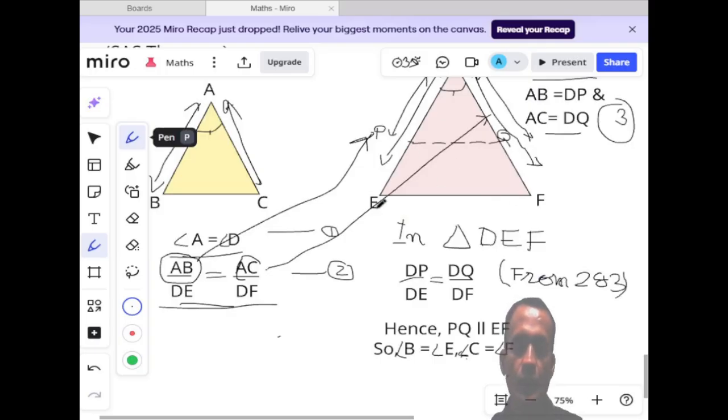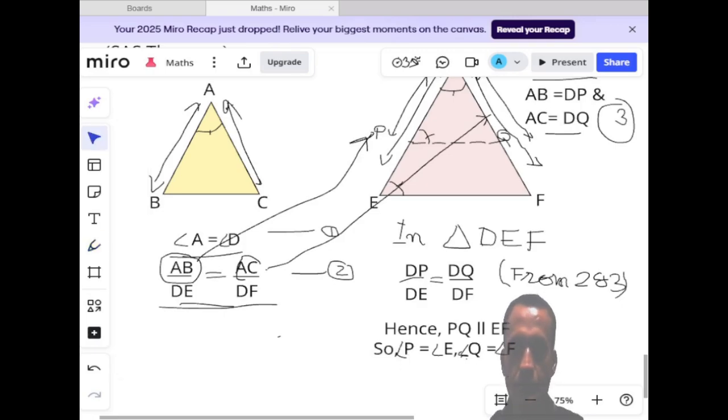So from PQ being parallel to EF, and this is a transversal, we get that the corresponding angles are equal. So angle P is equal to angle E, and angle Q is equal to angle F. Why?